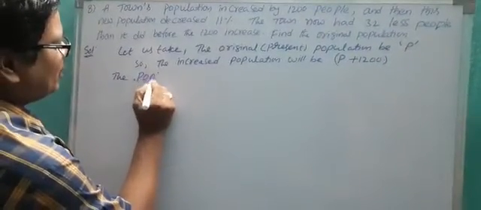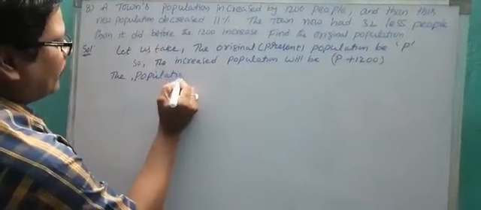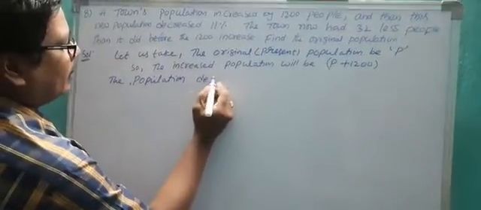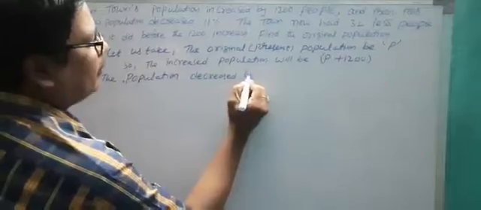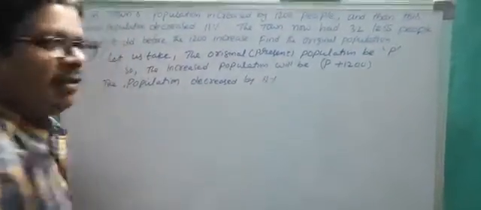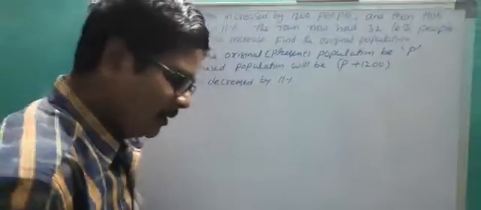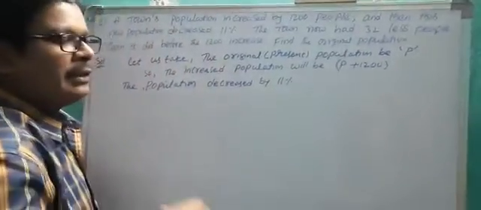The population decreased by how much? 11 percent. Now the original population decreased by how much? 32.